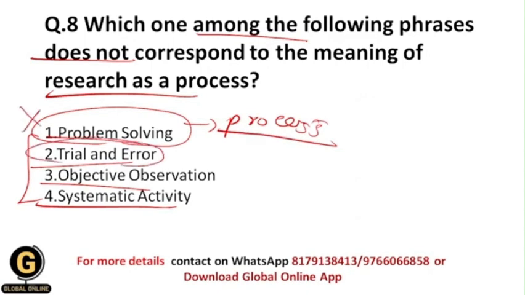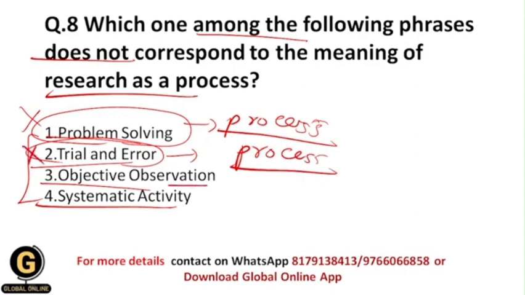Trial and error means we repetitively do experiments. We do the trials, then we get errors, then we repeat the same experiment, and this is nothing but a process, or you can say a method, and that's why this again is the meaning of research as a process, so this gets eliminated.